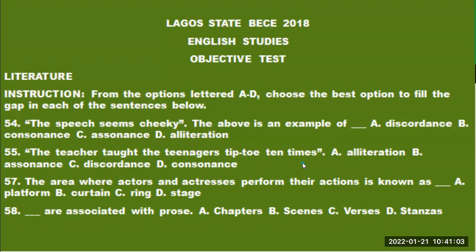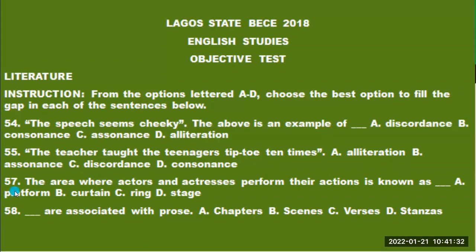So that's alliteration. By the way, all the other ones you are already aware of. Discordance has to do with disagreement. The other ones have to do with similarity or agreement in terms of sound, but when you talk of discordant notes, that's difference.